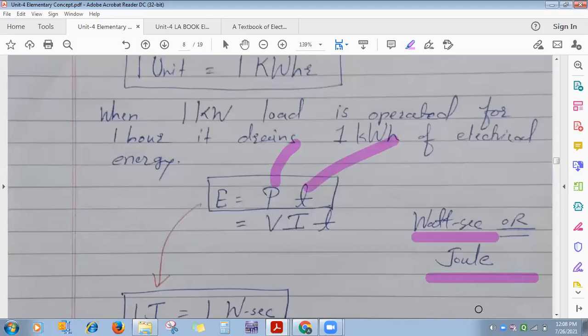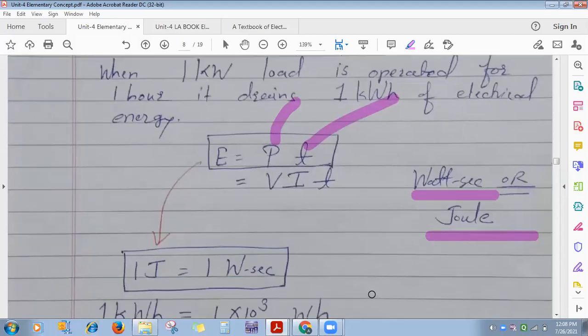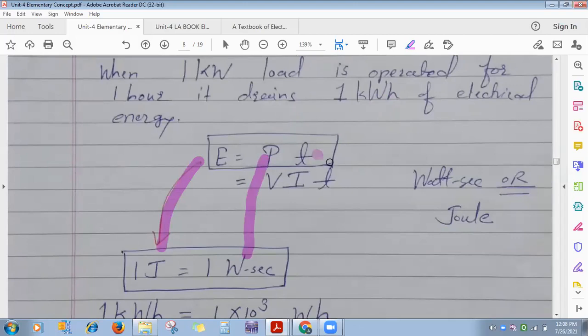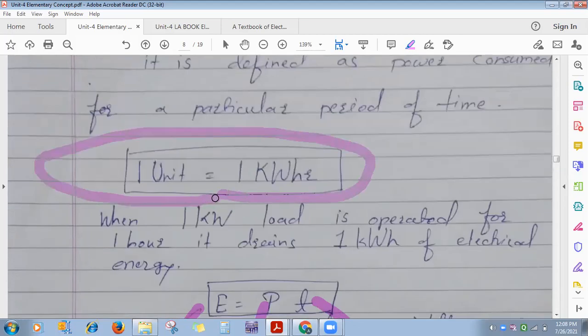So you can use watt second or joule for energy. Here energy is in joule, power is in watt, time is in second. So we can say 1 joule is equal to 1 watt second. Keep this in your mind. Sometimes this is also required while solving numericals.